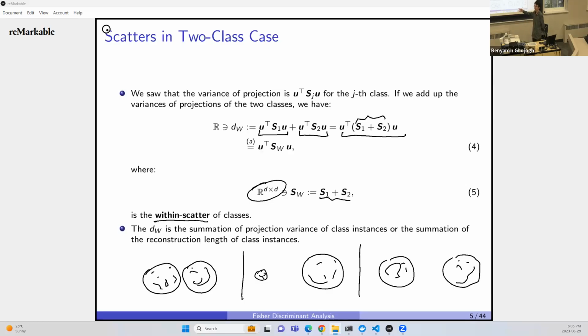Left side, SW is big, SB is small. In the middle case, SW is small, and SB is big. They are apart. This one, exactly, SW is big, SB is also big.